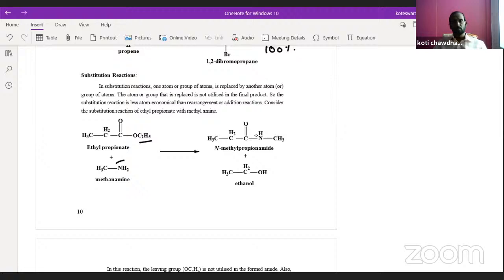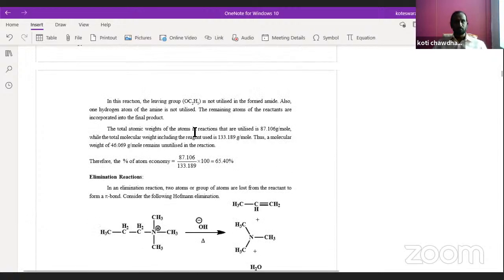Both combine to produce ethanol. Ethanol is eliminated. This is the byproduct, and this is our desired product. Therefore, its atom economy, after the calculation, you can study, is 65.4%. That kind of reaction.